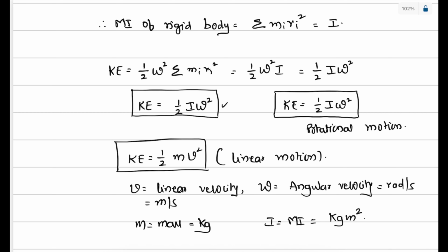In the next lecture, I will be moving forward to find out work done by torque. What is torque? Torque and work done by torque, that I will take up in the next lecture.